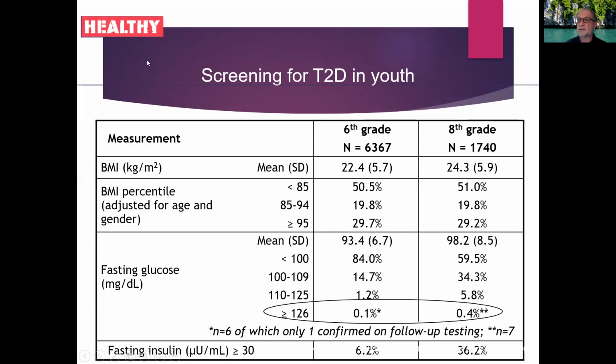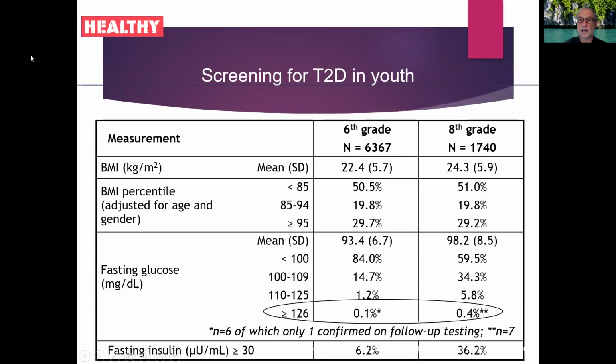This is a study that looked at schools identified to be at very high risk for type 2 diabetes because they are poor and heavily minority, which is the high-risk groups in the United States.